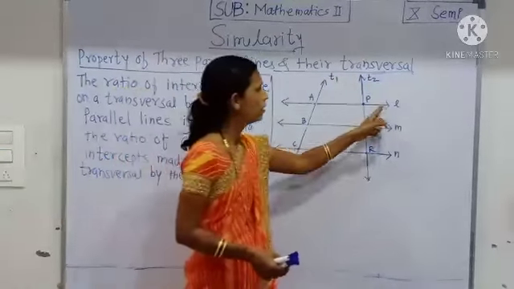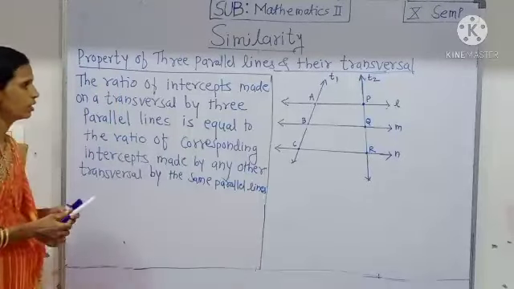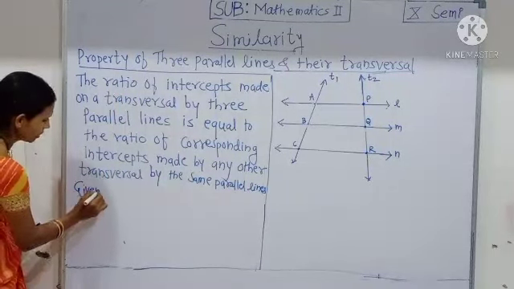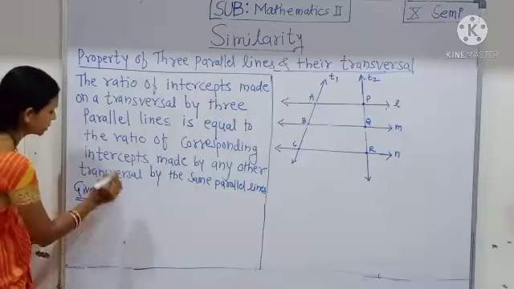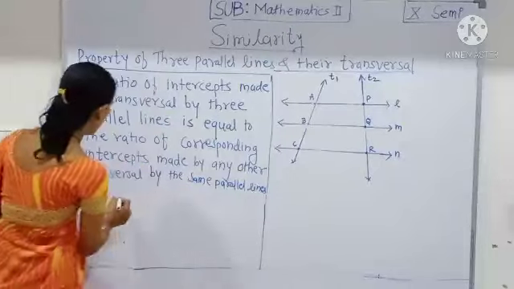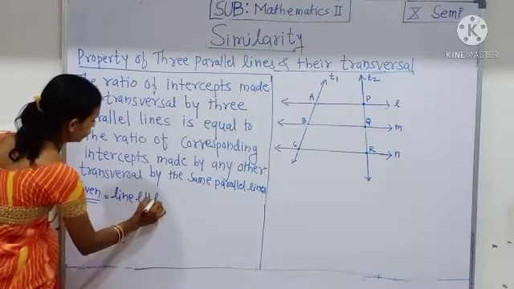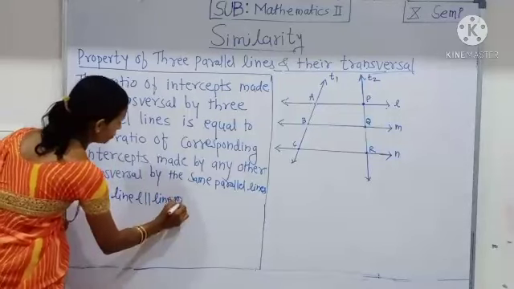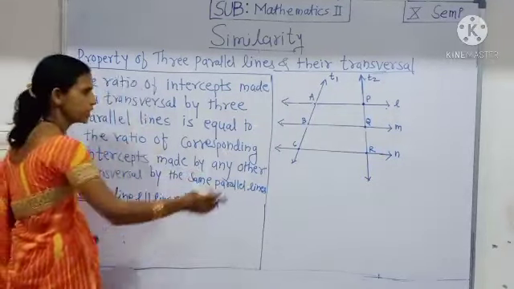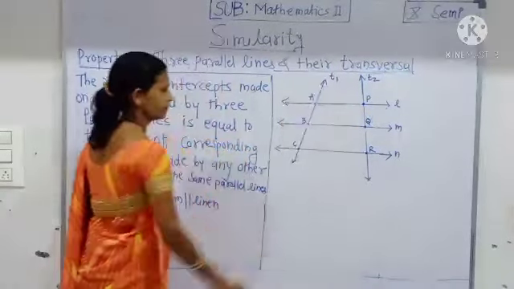First of all, we have to write the given: line L parallel to line M parallel to line N, that means these three lines are parallel to each other.